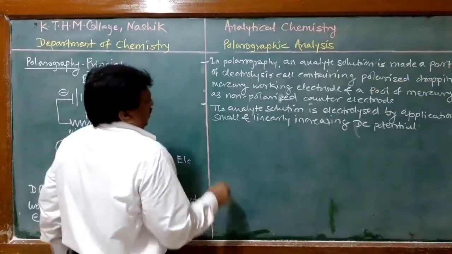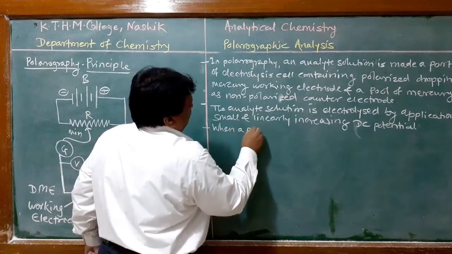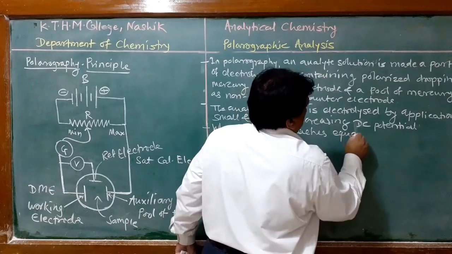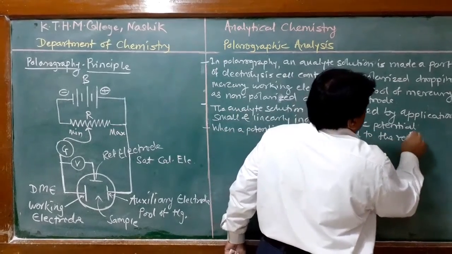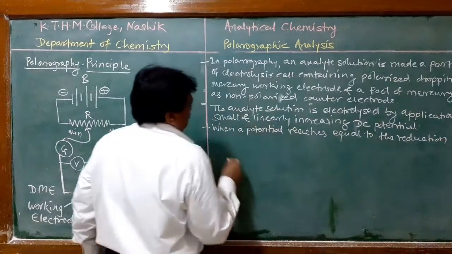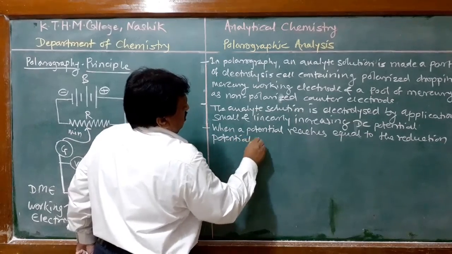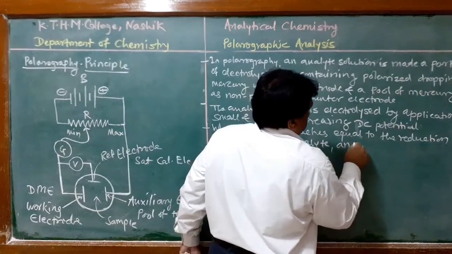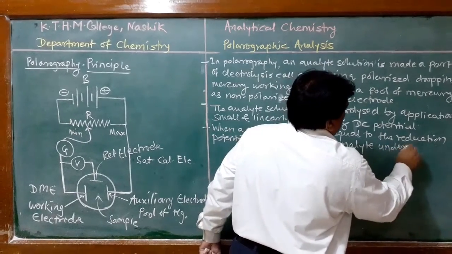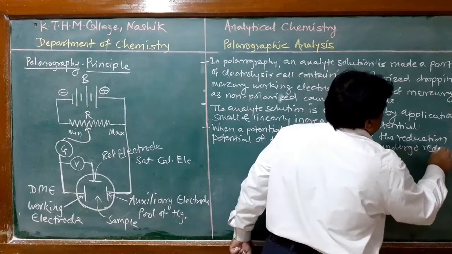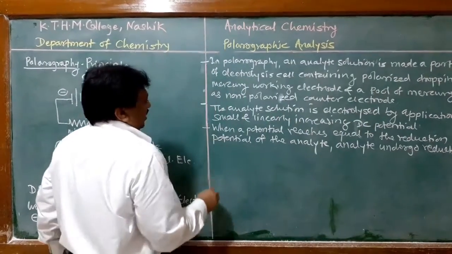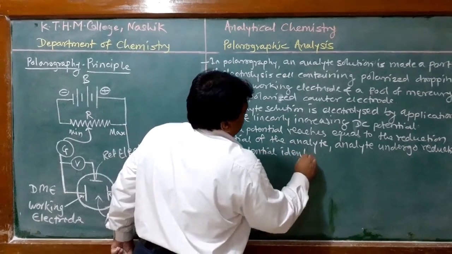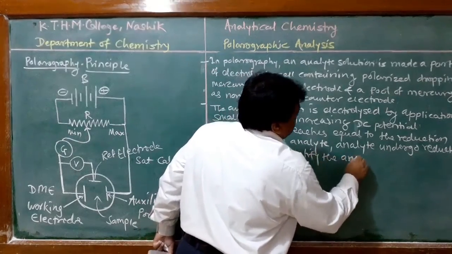When the potential reaches equal to the reduction potential of the analyte, the analyte undergoes reduction. This potential identifies the analyte.